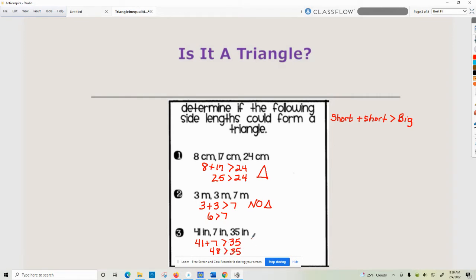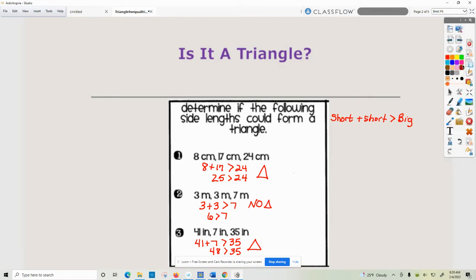And 48 is bigger than 35. So we can make a triangle with those three sides. So if we are being asked if we can make a triangle with three sides, all we've got to do is take your two smallest sides and add them up and make sure you're greater than the big side you've got.